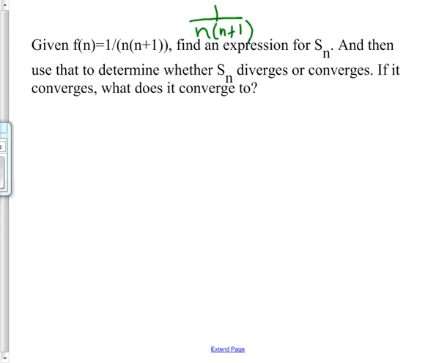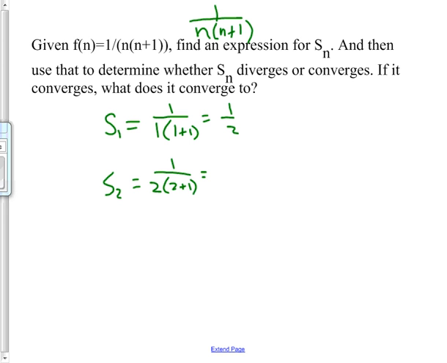So let's generate a couple values. S sub 1 is 1 over 1 times 1 plus 1, which is 1 over 2. For S sub 2, sorry, S sub 1 equals A sub 1. I'm not finding S sub 2 yet.